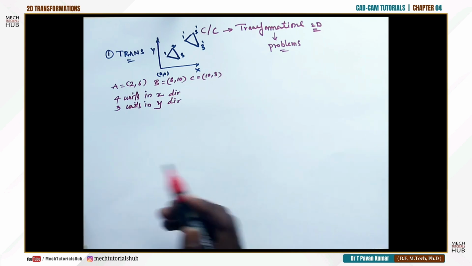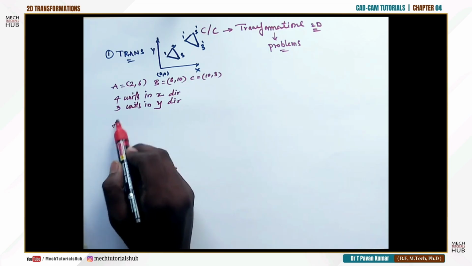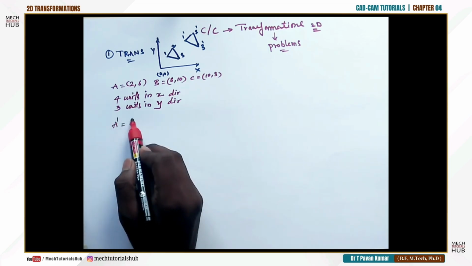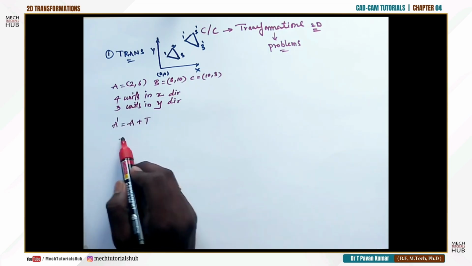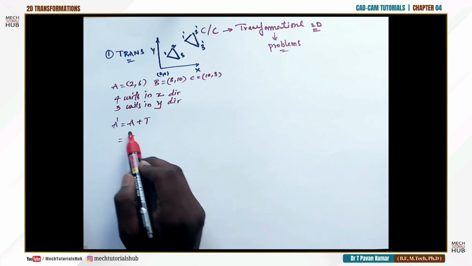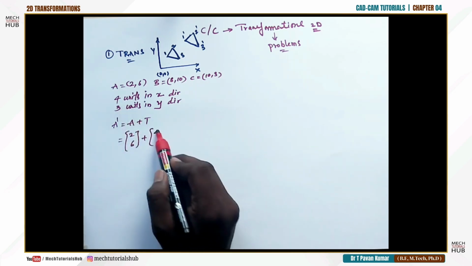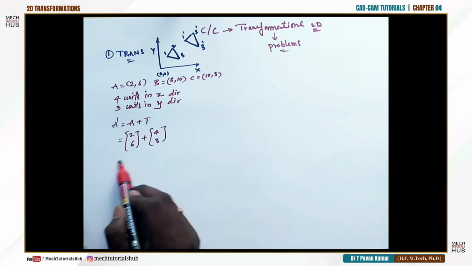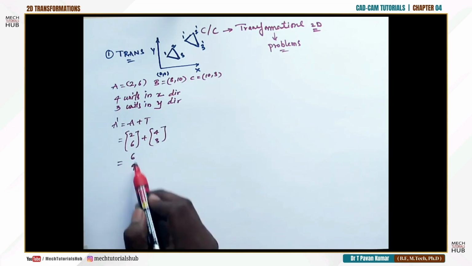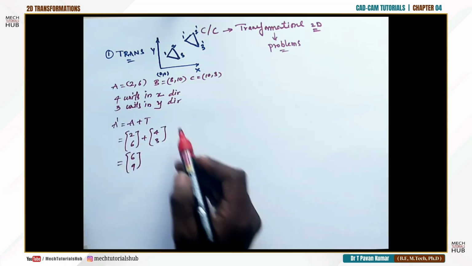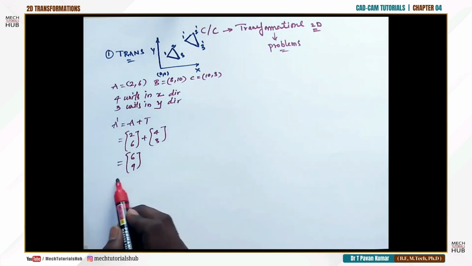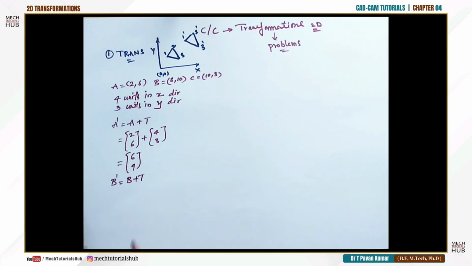Individually, I'll make you understand. If I consider this as A prime, then the formula is going to be A plus T. What is A now? 2 6. A plus the translation 4 3, because x is 4, y is 3. Then 6 9 is your solution. In a similar fashion, B prime is B plus T, the way we have seen in the concept.